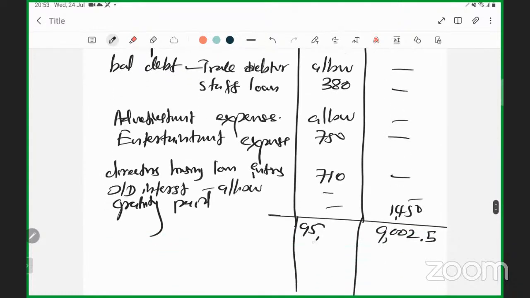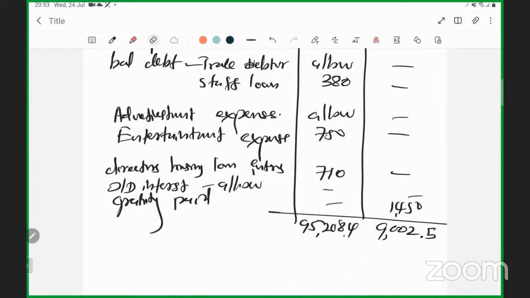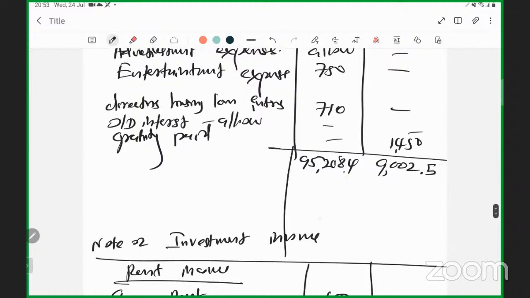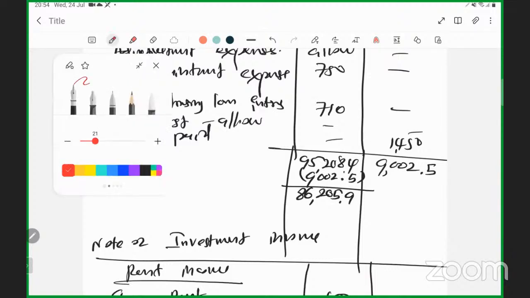So here 95,208.5. Please confirm these values. Are these values correct? Okay, thank you. Then minus, what is the balance one? 86,205.9. Now we can do the adjustment here.